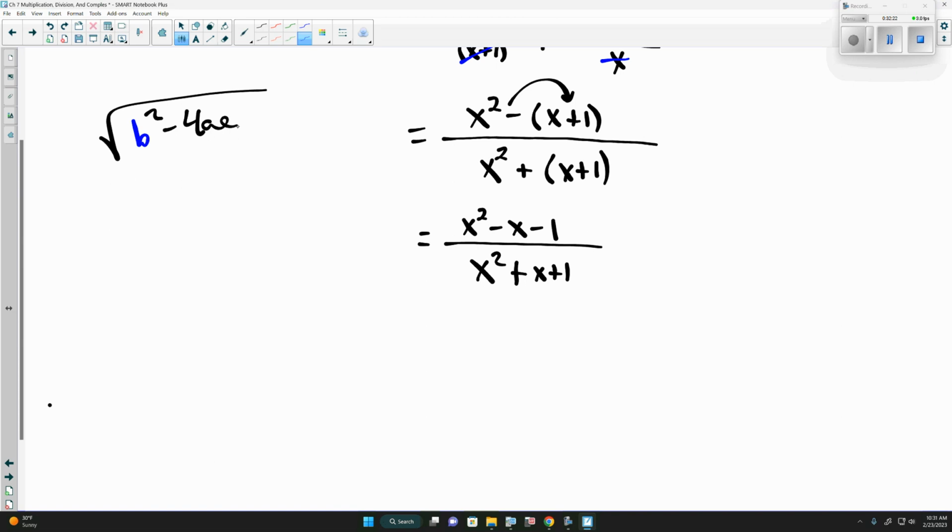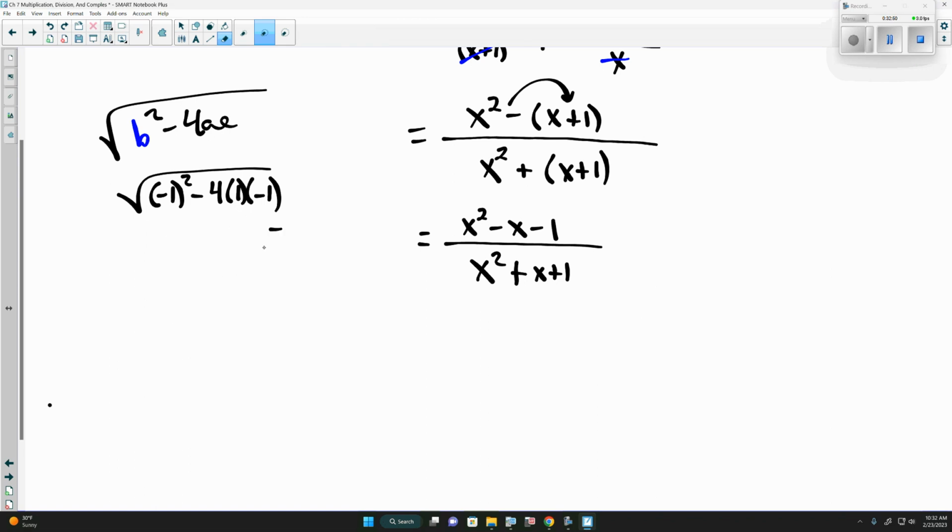For the numerator, b is negative 1, squared, minus 4, a is 1, c is negative 1. Negative 1 squared is 1, minus negative 4 times 1 is positive 4, which gives us 5. Can we take the square root of 5? No. So the numerator doesn't factor.